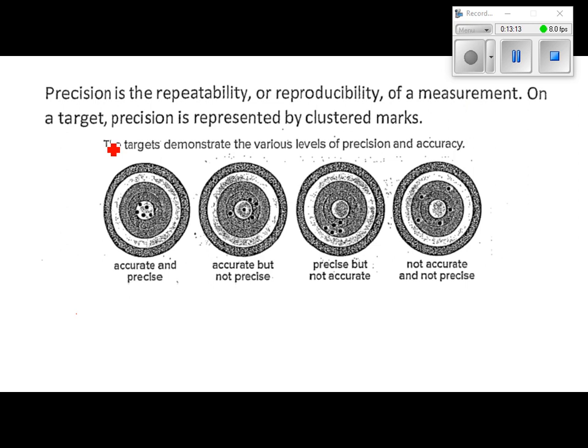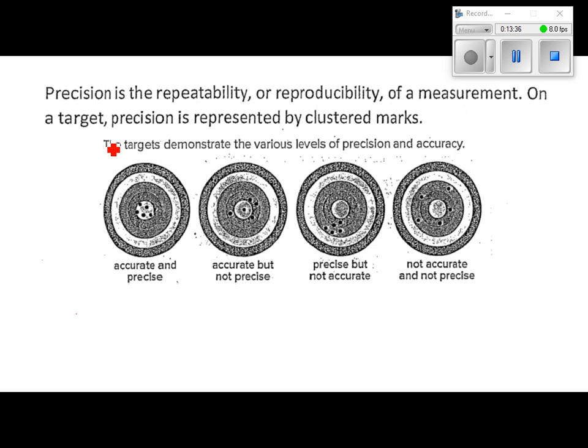So if we look at these targets, you can't hardly see mine up here, but on your paper you might be able to see it a little better. The first one, what do you notice about all the dots or wherever they shot at? They're all right there in that same little clump, aren't they? That is accurate and precise, both.